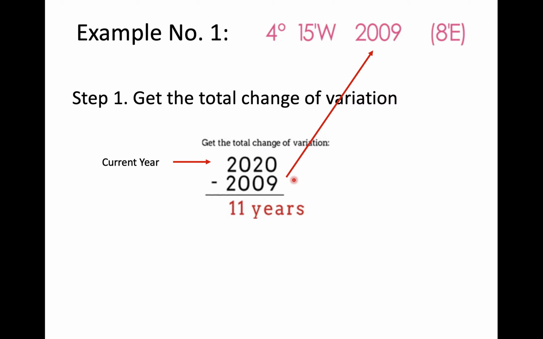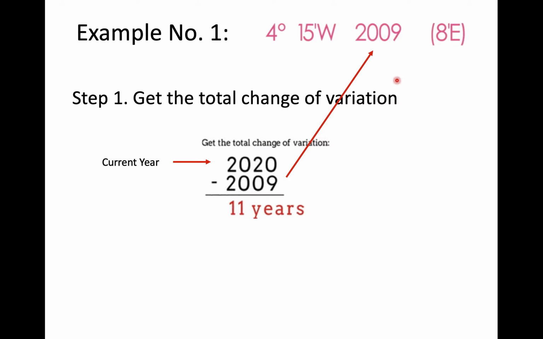Now, let us apply this to the annual change, because this one is the annual change. So every year it will change. This one, 4 degrees 15 minutes west, was taken in 2009, right? And every year since 2009, it's been changing by 8 minutes east per year.